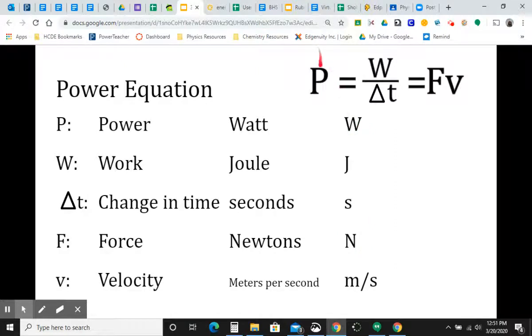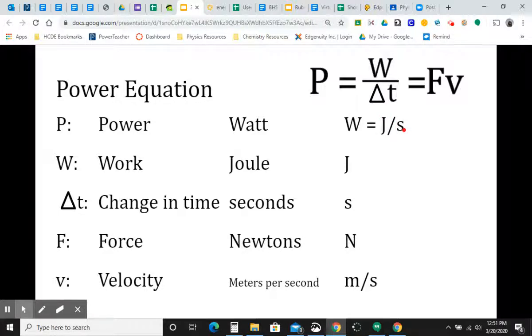Okay, so looking at these, this kind of helps us think about the watt also. We know power is watts. That means this has to also come out to watts, but we can break it down and see that work we're going to measure in joules, and time we measure in seconds. So another way we could think about a watt is a joule per second, and that makes sense. That's how much energy in how much time.